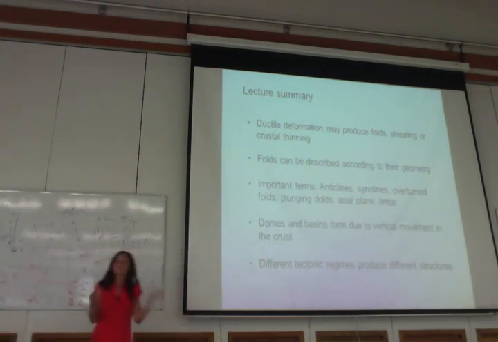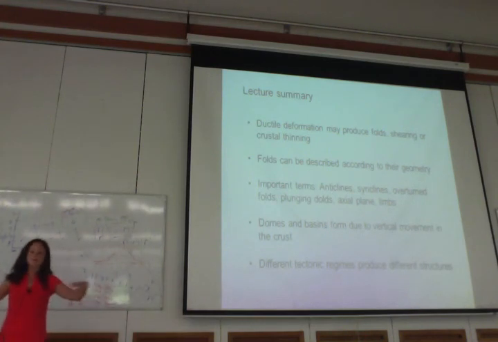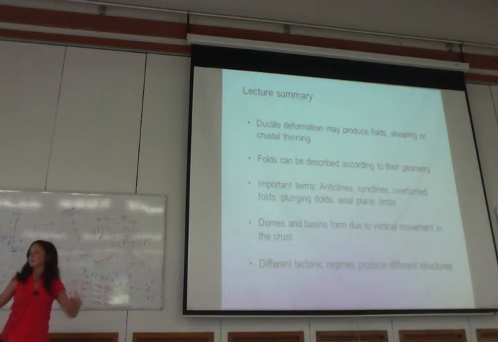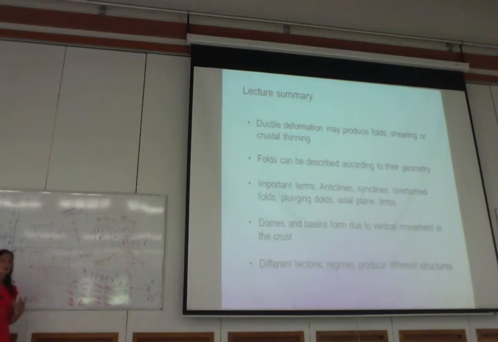We can also form domes and basins where instead of compression we have vertical movement in the crust formed by rising material underneath the crust, or heavy material weighing it down, or crustal thinning. I've also given you a brief introduction about different tectonic regimes and how they generate different expressions on the Earth's surface. So it's really important you read this chapter in Understanding Earth to understand it further.